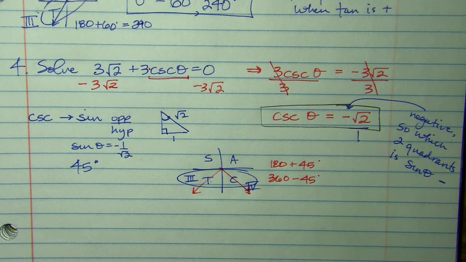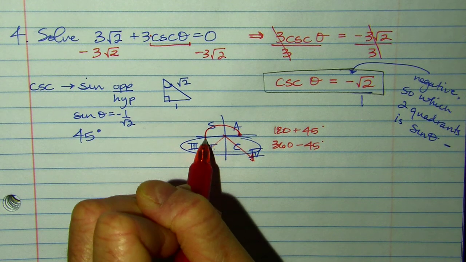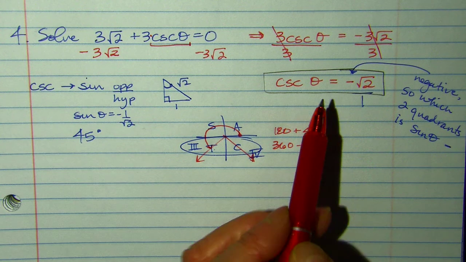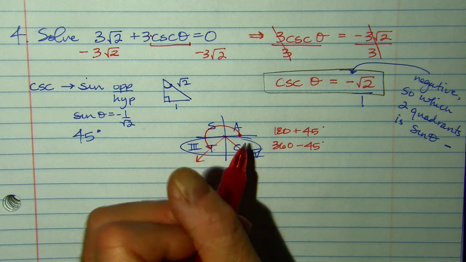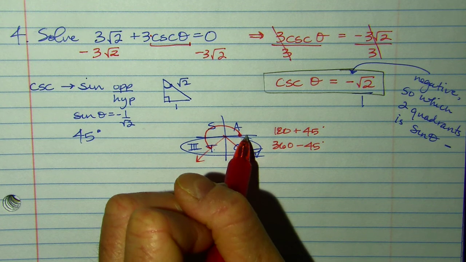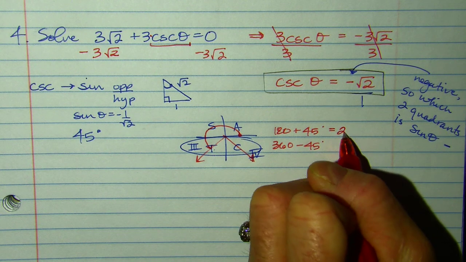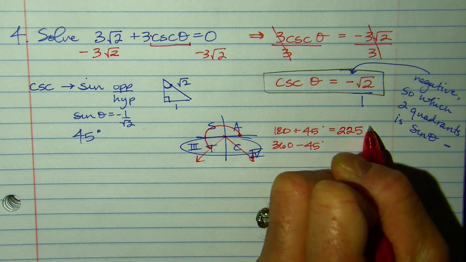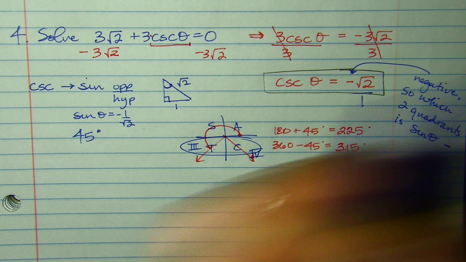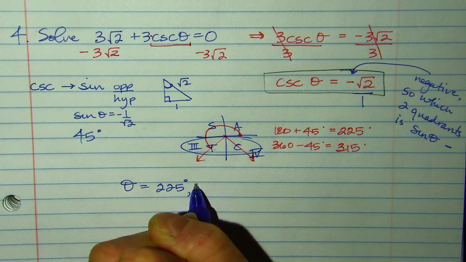So let's talk about why I did that. This first angle, remember I start from here, would be 180 plus 45. And I'm using 45 because that's the relationship of root 2 over 1. This angle here, though, would be much easier if I just subtracted 45 from a full circle. So 180 plus 45 is 225, and 360 minus 45 is 315. So theta equals 225 and 315.